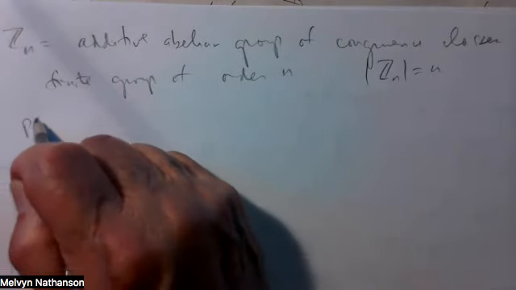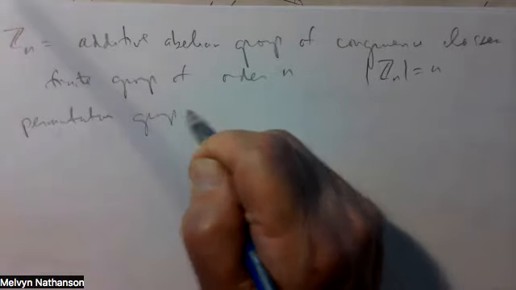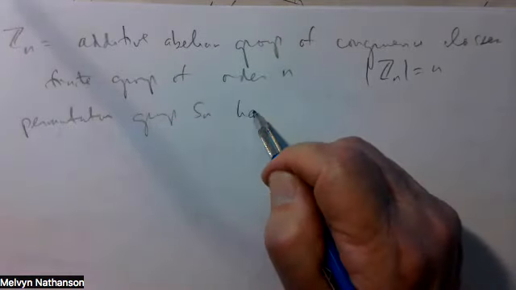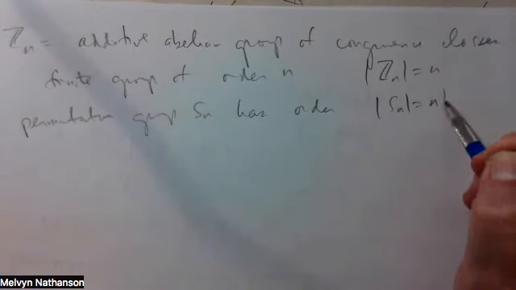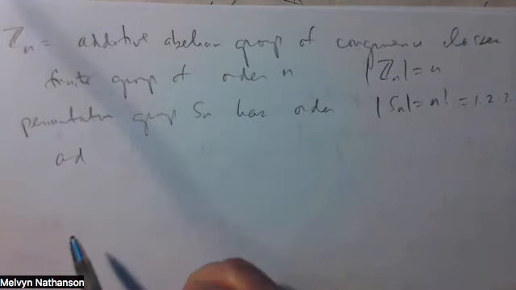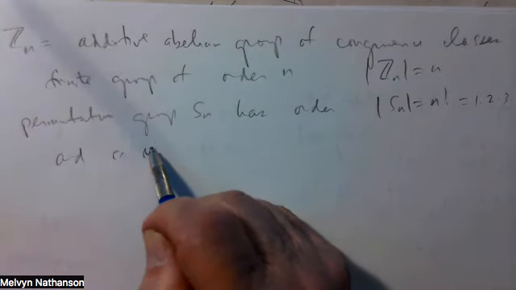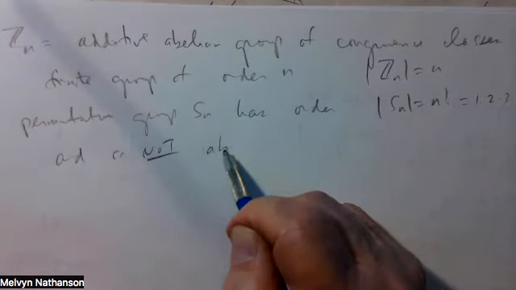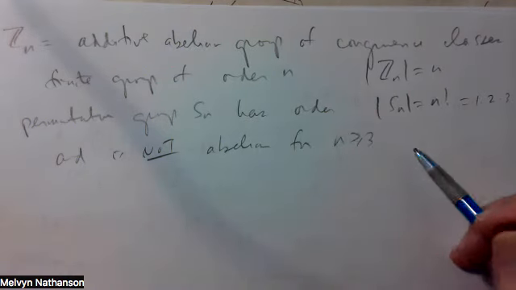The permutation group or symmetric group Sn has order n factorial. And under multiplication, composition of permutations is not abelian, so long as n is at least 3.